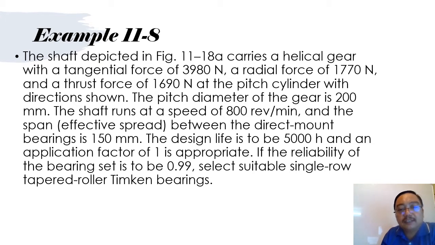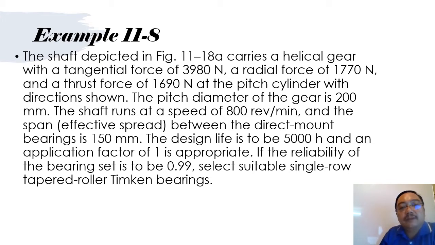The shaft runs at 100 revolutions per minute, and the span between the direct mount bearings is 150 millimeter. The design life is 5,000 hours, and on an application factor, if one is appropriate, the reliability of the bearing is set to 0.99. Select suitable single row taper roller Timken bearings.